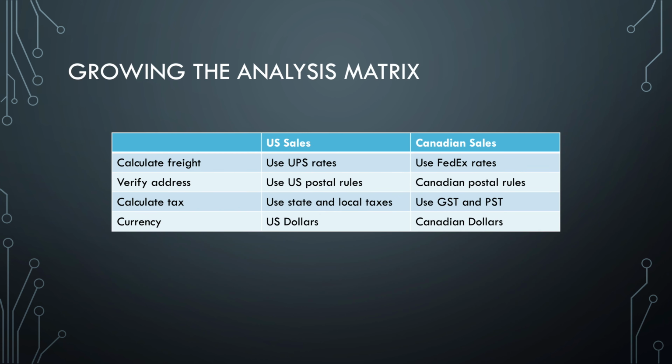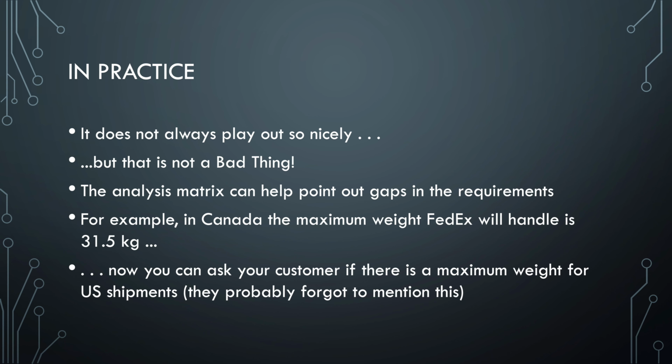The nice thing about the analysis matrix is that by analyzing per scenario, you can quickly find out if there are any gaps in the requirements. For example, you may find out that there is a maximum parcel weight that FedEx will accept in Canada. If this information is missing for the US, you can ask your customer to supply it, since they might have forgotten to do so.